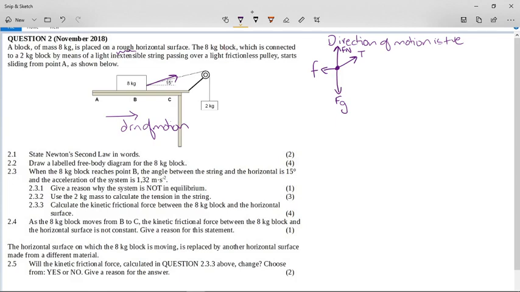So this system has an acceleration of 1,32. So my answer here would be: because it is accelerating.